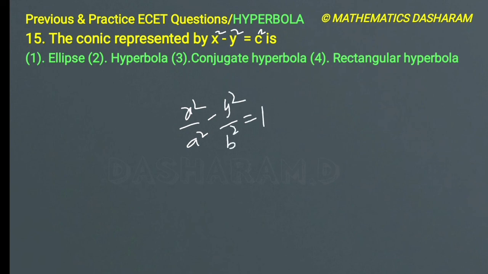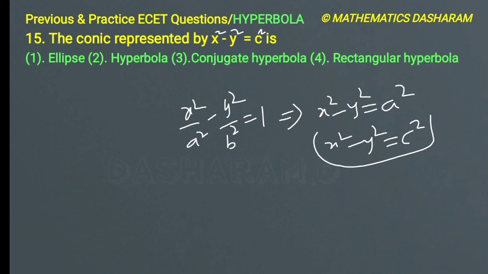But in the rectangular hyperbola, transverse and conjugate axes are equal, so it will be converted into x square minus y square equals to a square, but here he was taking the a square as a constant term, that is c square. So both are same. So rectangular hyperbola is the correct answer.